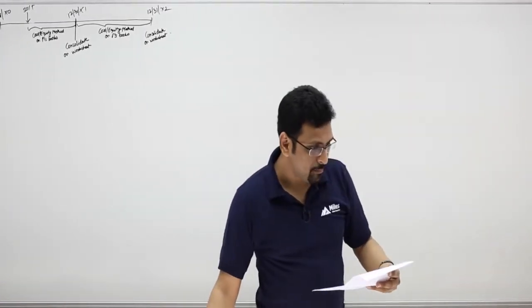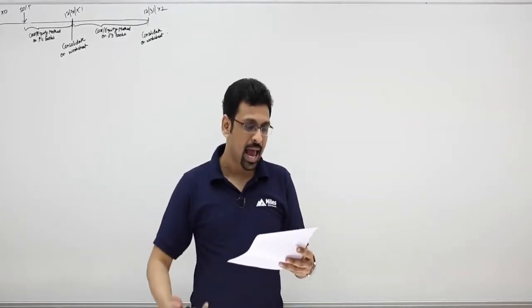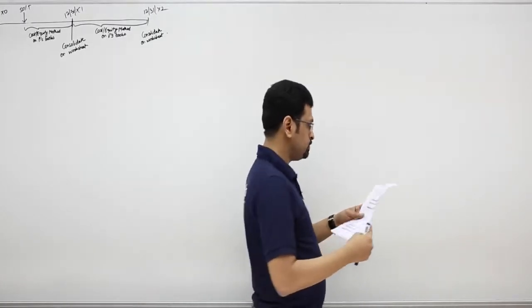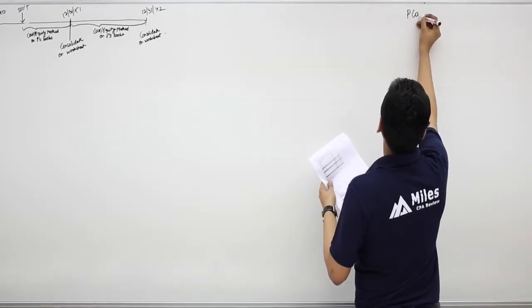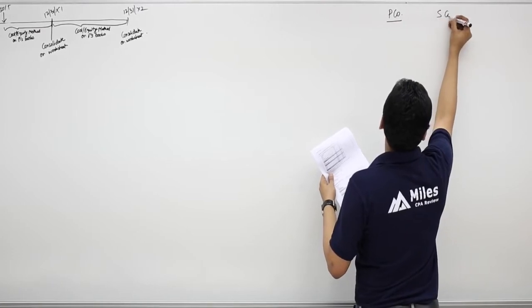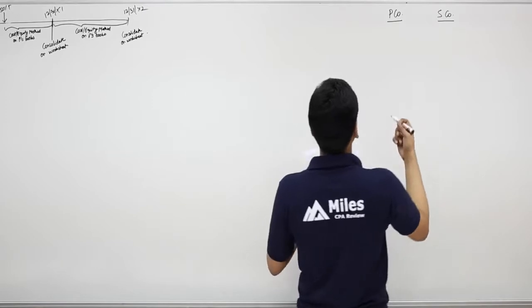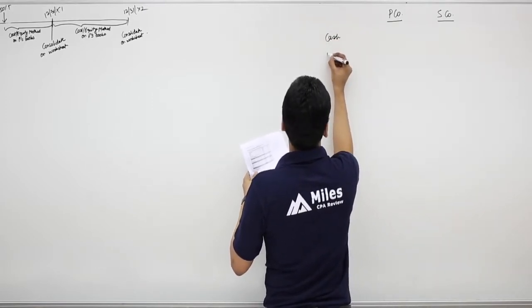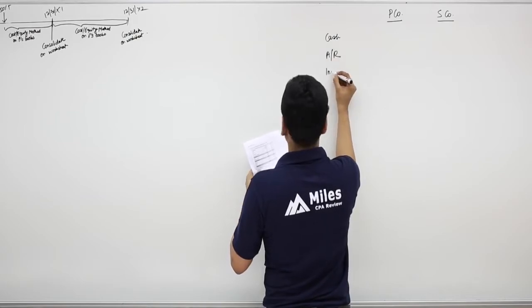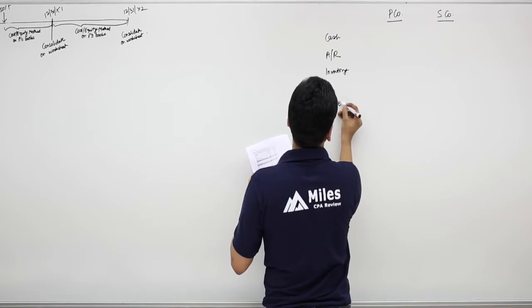You've got balance sheets for the P company and the S company. You've got assets, liabilities, and equity. So let me do it here. We've got the parent and sub. Generally, whenever you have P and S, P stands for parent, S stands for subsidiary. We've got cash, accounts receivable, inventory, and equipment, PP&E.